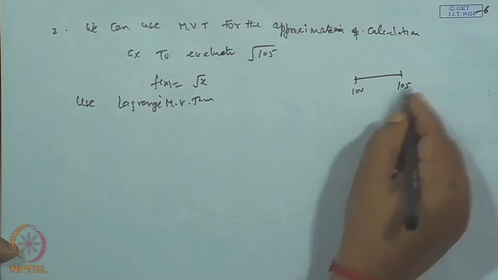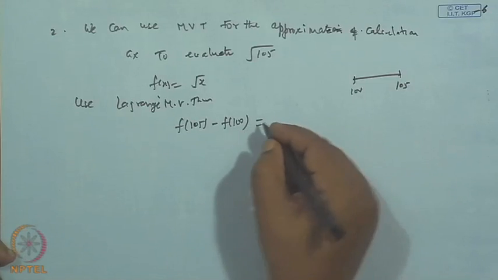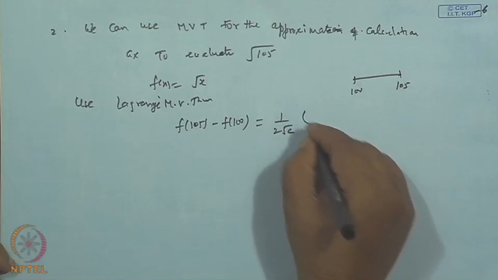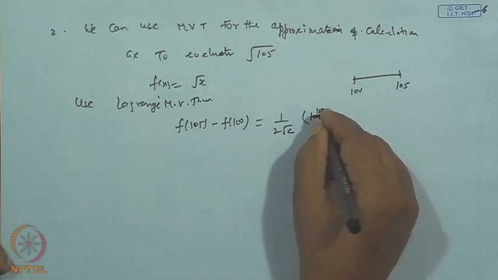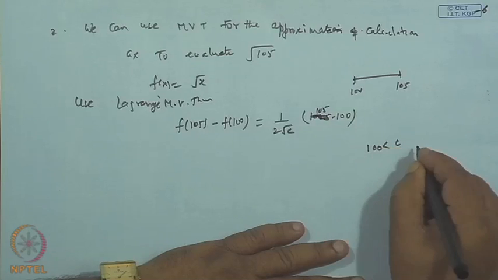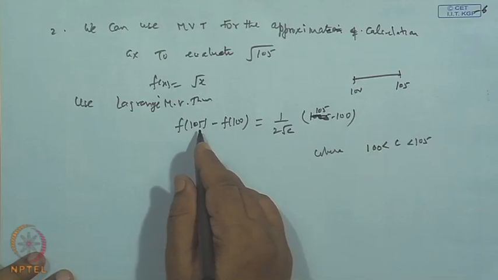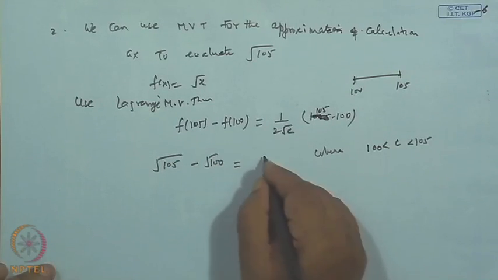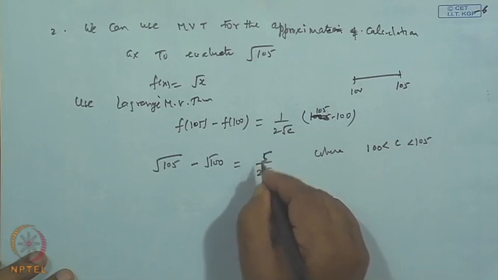What we get is f of 105 minus f of 100 is equal to the derivative of this function at some point c into the length of the interval, 105 minus 100, where c lies between 100 and 105. So, this is equal to 1 by 2 root c into 5. So, 5 by 2 root c.